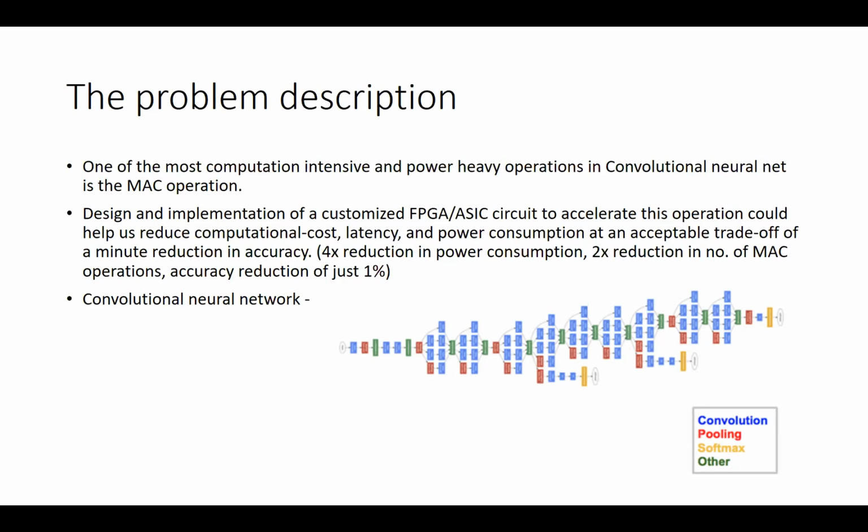What we are trying to do here is come up with a cheaper and more efficient way to do the MAC operation, that is, to achieve the result of the MAC operation without actually doing it, so that we can accelerate this hardware and make the whole process much faster and much more efficient.